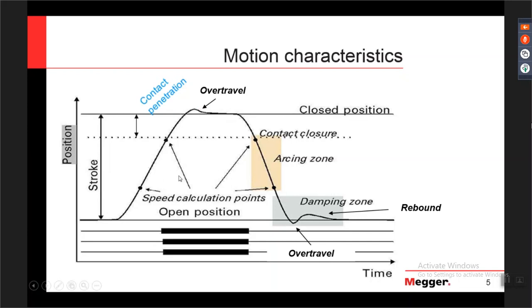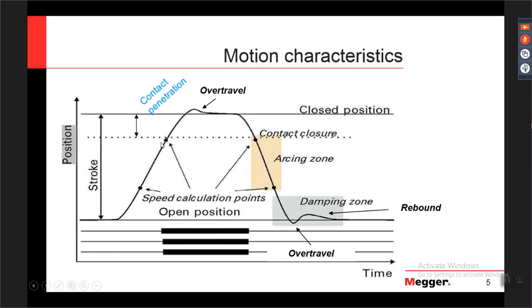Speed calculation points are for calculating closing speed and opening speed. Basically, it's the average speed between these points that is the speed that you calculate. And that is something that the manufacturer or breaker should specify.